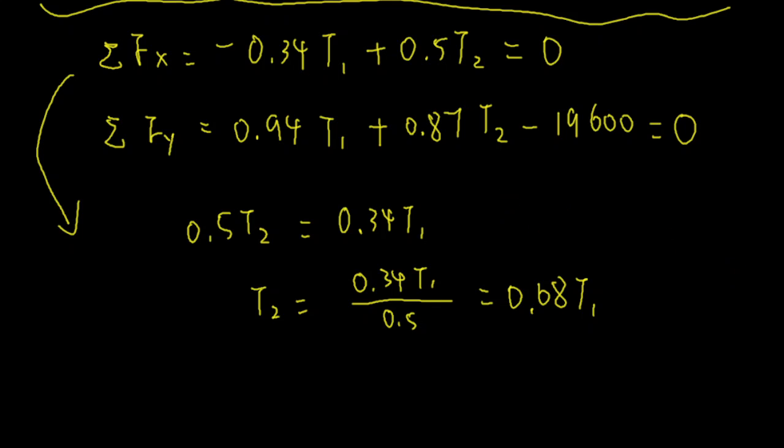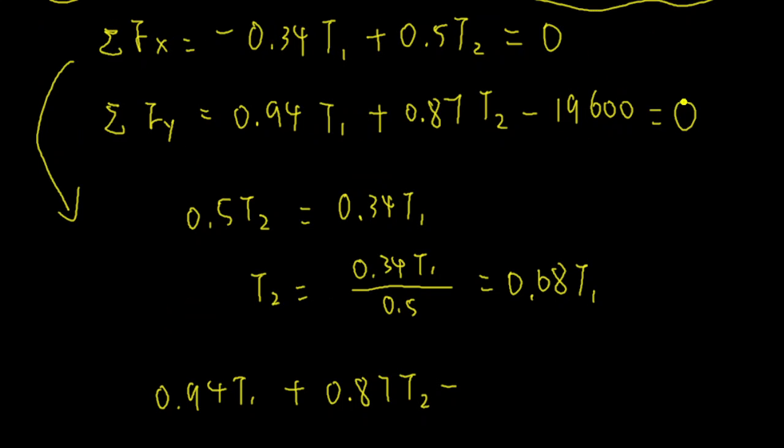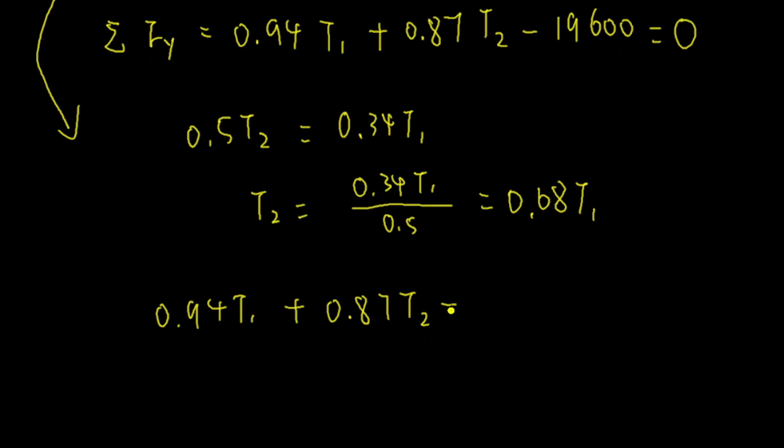Okay, so let's do this. So this equation, let me just ignore this symbol here. So I will write 0.94 T1 plus 0.87 T2 minus, okay, so minus 19600, you add to both sides, then this will be cancelled out and you have this equal to 19,600 on the right side.